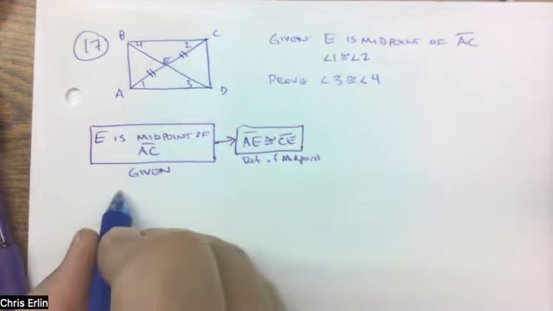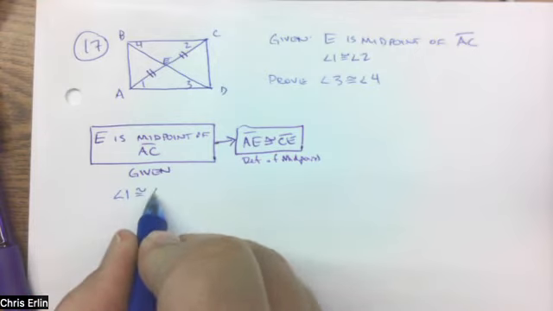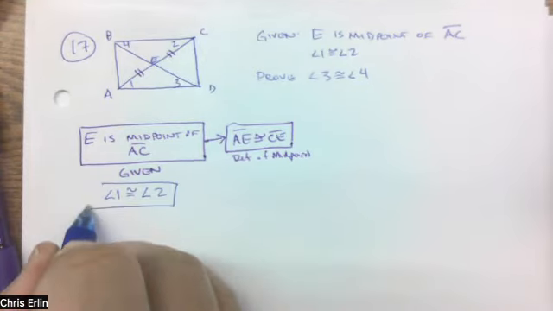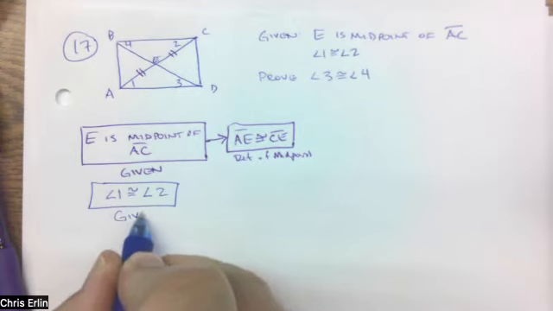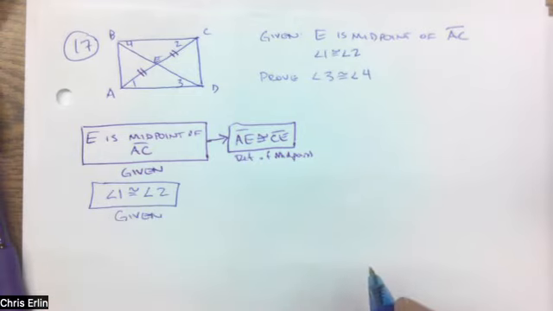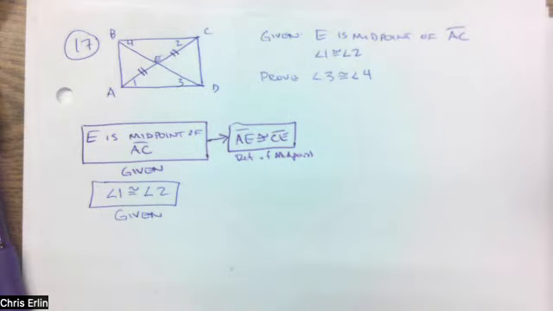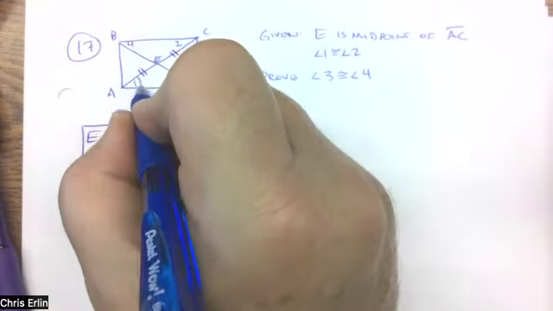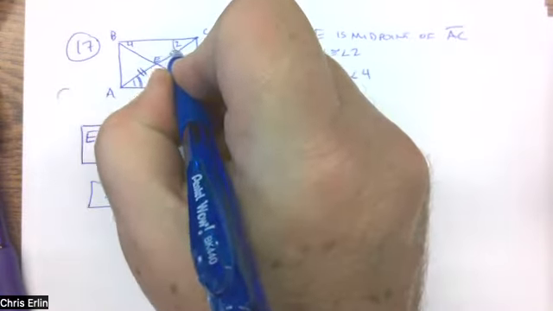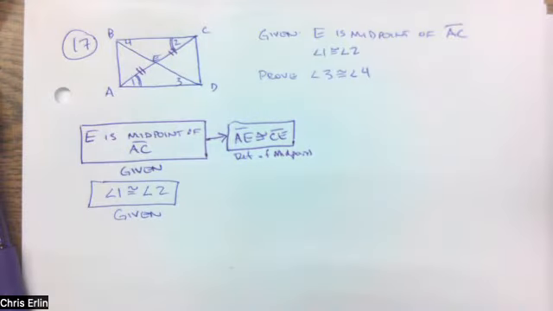Okay, then we had a given of angle 1 is congruent to angle 2. Once I write it, I can make the little notations for it. You mean parallel?